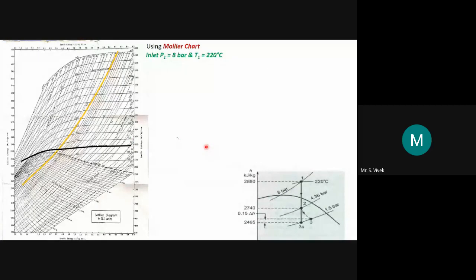Approximately, I'm taking it as 220 degrees Celsius. It is just an approximation. So as a result, you will get this intersection point over here. From that intersection point, I'm drawing a horizontal line and a vertical line. At this point, you can get the enthalpy value, and from this point, you can get the entropy value.